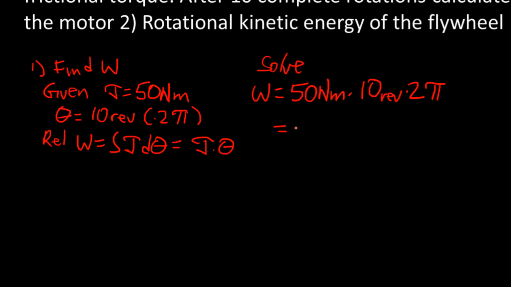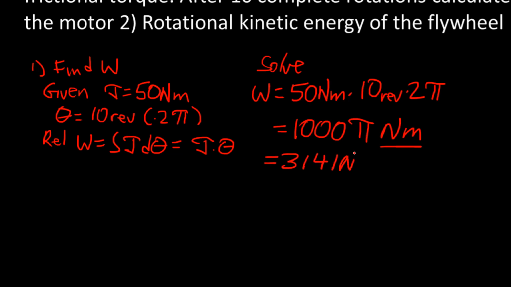What does that work out to be? 50 times 10 times 2, I get 1,000 pi Newton meters. Notice now, hey, this Newton meters is now our energy. So it's roughly 3,141 Newton meters, also called 3,141 joules.